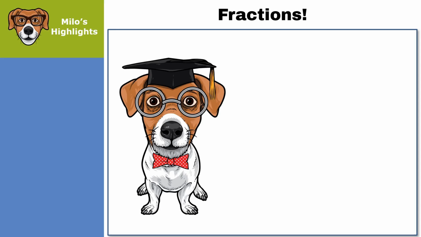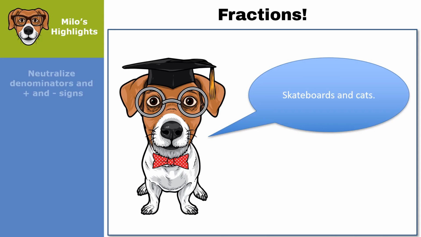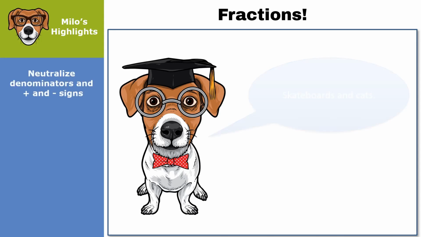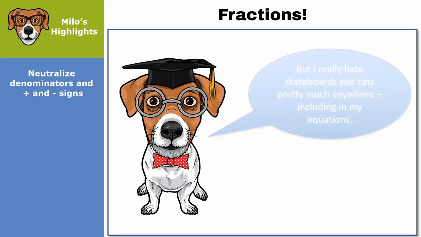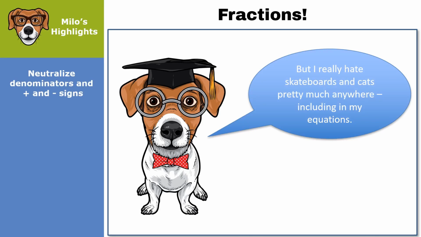Okay, doing fractions on the test is all about getting rid of 2 things we hate to see in our algebra equations, denominators and plus and minus signs. Keep it together, dog. Okay, so we're going to teach you the best ways to add fractions and multiply fractions on the test. Now, these probably aren't the same ways your math teacher taught you how to do it.